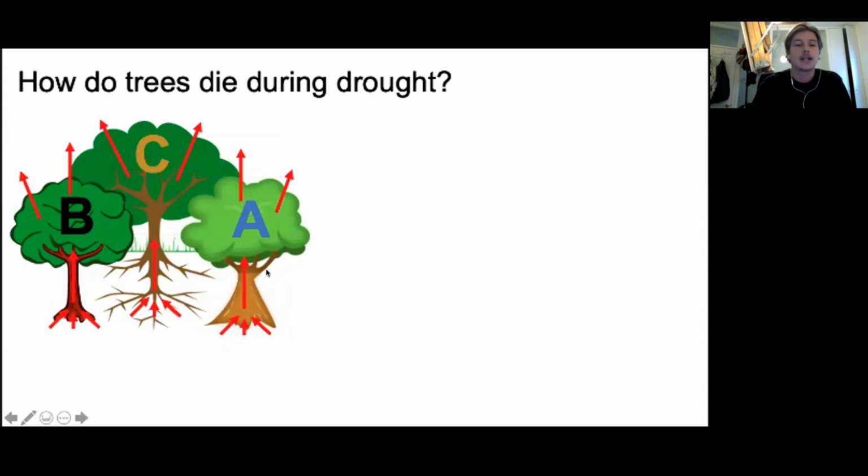But during drought, this tension can increase, and if it becomes great enough, it can seed air bubbles into these xylem conduits, which block the flow of water, and this is called xylem embolism or xylem cavitation. These embolisms can either damage the tree or cause tree death. And the vulnerability to xylem cavitation varies greatly between different species.